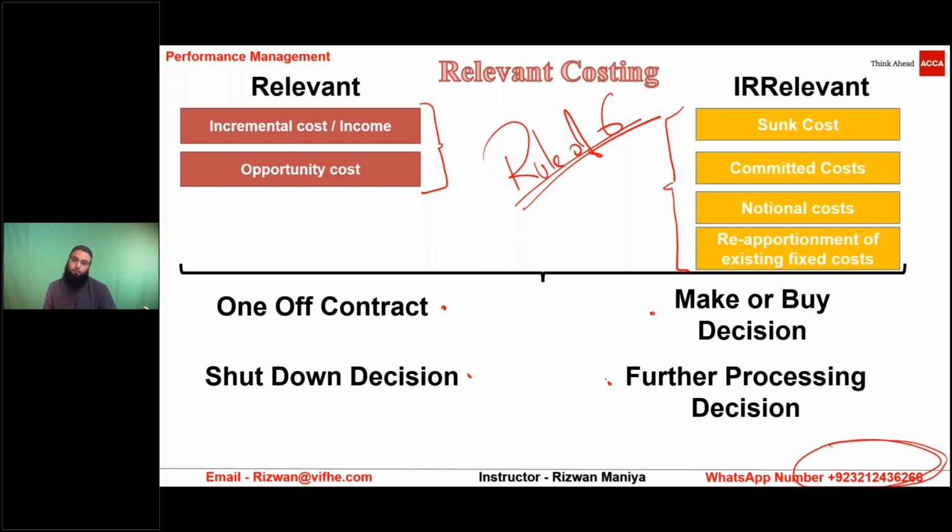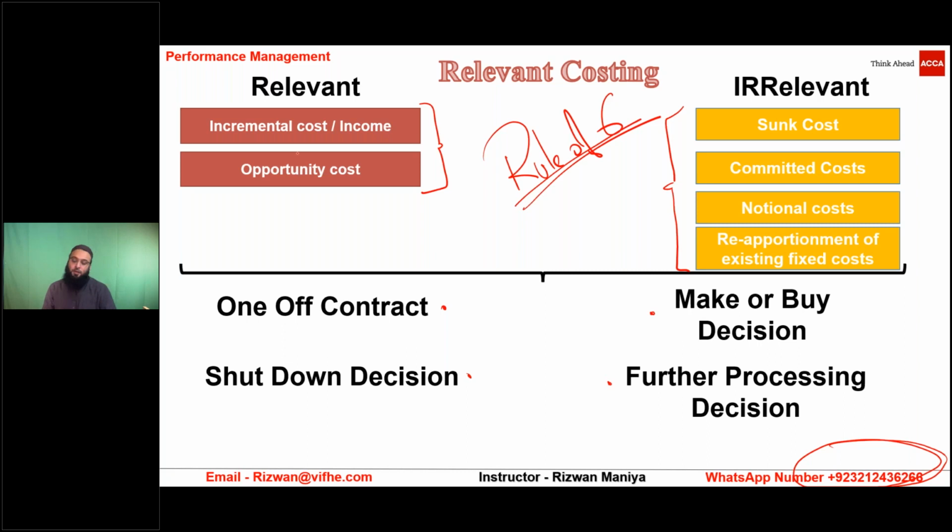Opportunity cost. Cost of second best alternative foregone. You have two options, this or this. You went for this one. So you left this one. The one you left, the one you sacrificed, the one you foregone is opportunity cost. That's opportunity cost, and that's relevant.